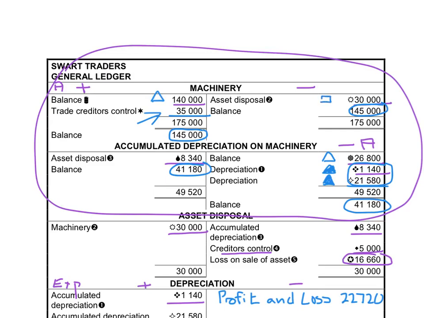I also have to reduce my asset with the carrying amount of the asset that was sold. So I will take my machinery, 30,000 into account, the cost price, less the accumulated depreciation on the machinery that was disposed of, and that will give me my carrying amount.